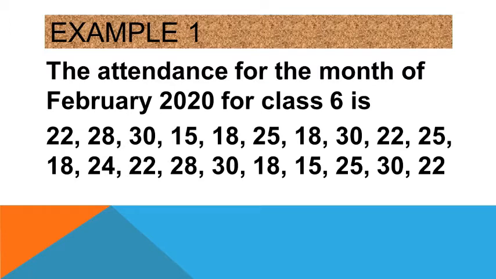You will look at the data and you will see that number 30, which is the maximum number, has been repeated on 4 dates. So on those 4 dates, we will say that the attendance was maximum. This type of data in which so many numbers are written using commas is called raw data.